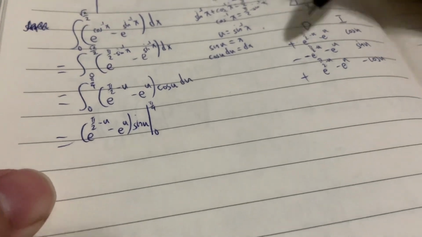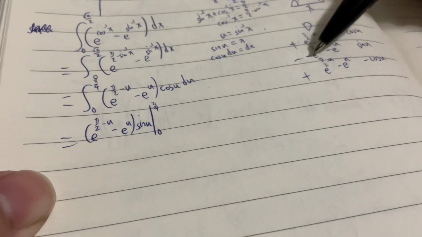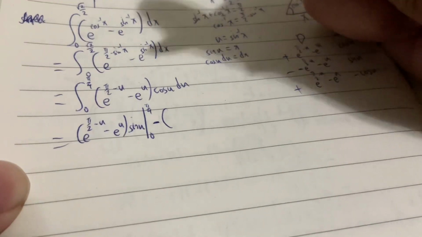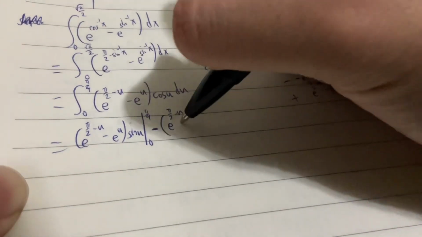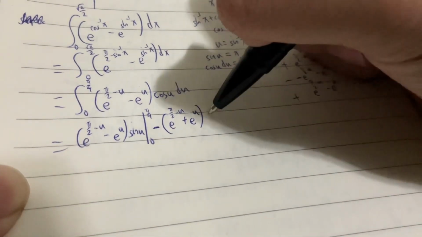And then here, be careful, minus minus becomes positive, and then minus, we're gonna factor out the minus, and then inside it should be e power of pi over 2 minus u plus e power of u times our cosine u.